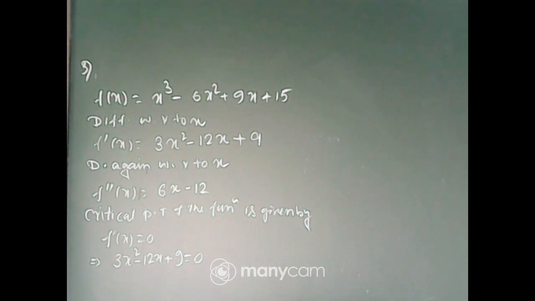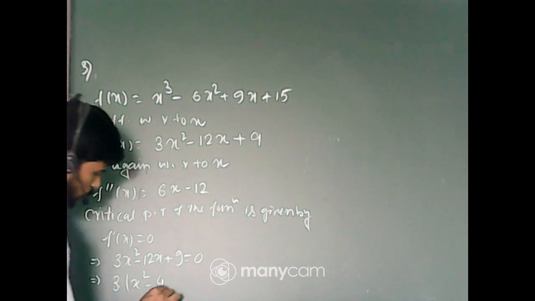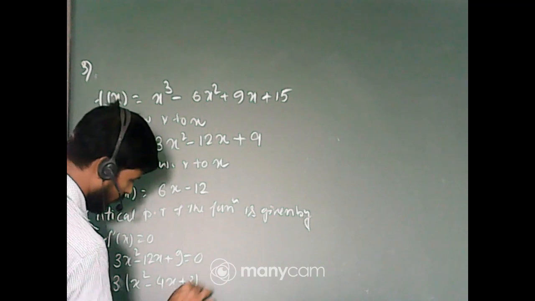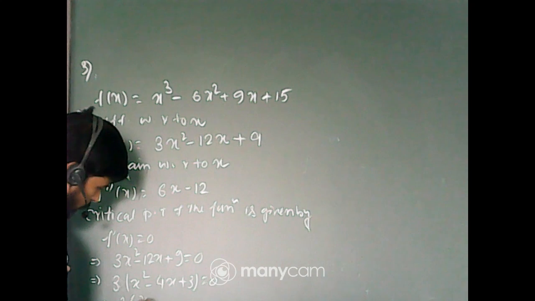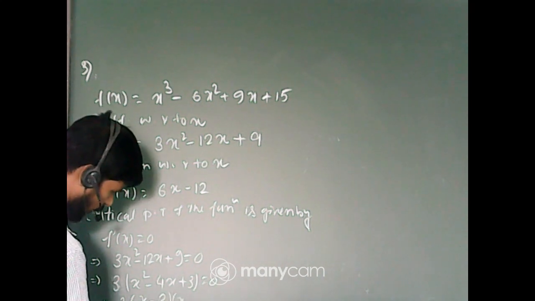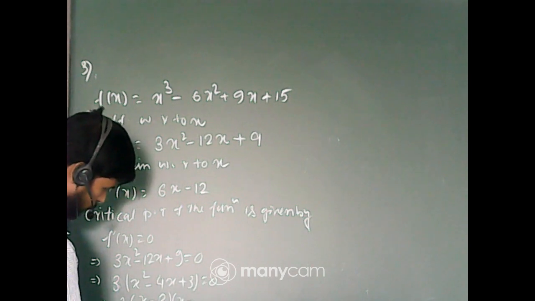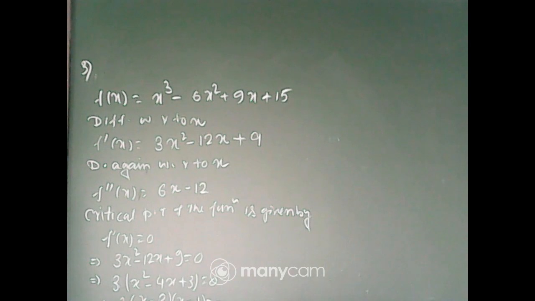Okay, so now do one thing, factorize this one. This is actually a quadratic equation, so try to factorize this. If I take 3 common from here, it will be x square minus 4x plus 3 is equal to 0, which implies 3 into x minus 3 into x minus 1 is equal to 0.